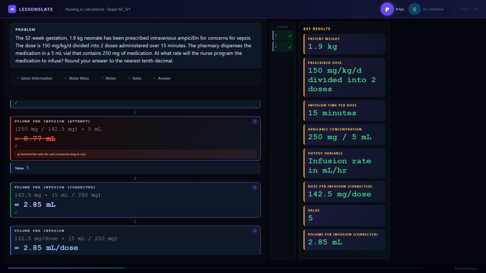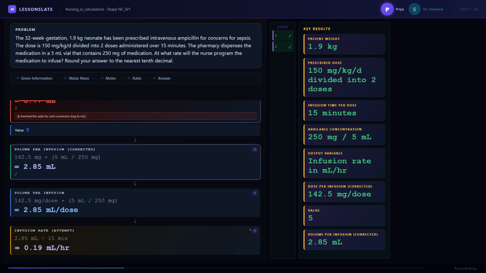Okay, so I have 2.85 milliliters for one dose, and it needs to infuse over 15 minutes. To get the rate in milliliters per hour, I should divide 2.85 milliliters by 15 minutes. So, 2.85 divided by 15 equals 0.19. Does that mean the rate is 0.19 milliliters per hour?